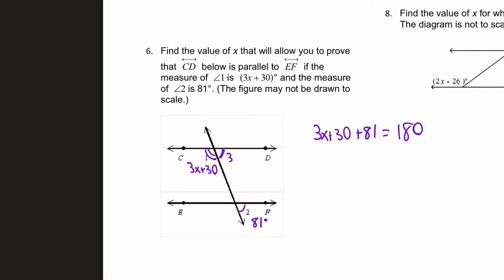We have some like terms that we can combine together. 30 and 81 add together to be 111. So 3x plus 111 equals 180. And if I subtract 111 from both sides, I get 3x equals 69. And if I divide both sides by 3, I get x equals 23. So that's the value of x.